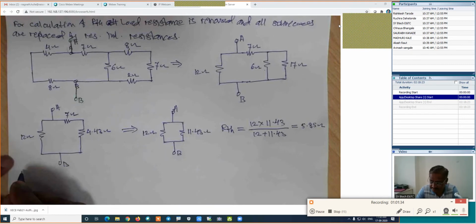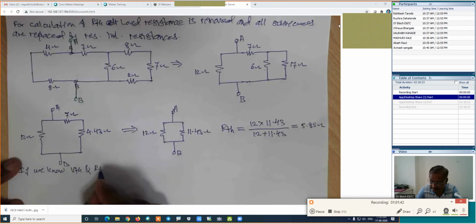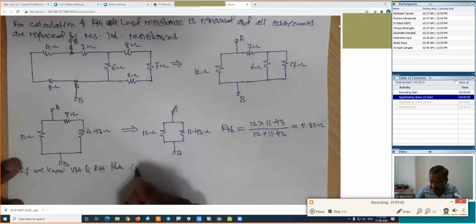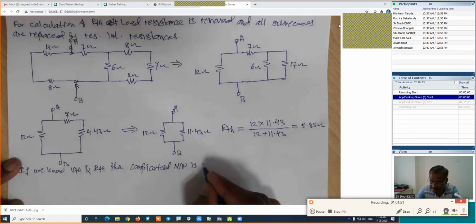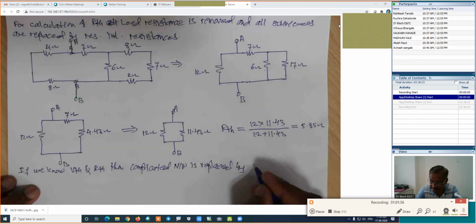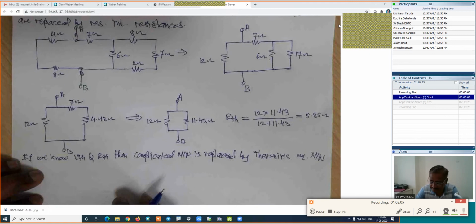If we know VTH and RTH, then the complicated network is replaced by Thevenin's equivalent network. How will be the Thevenin's equivalent network?